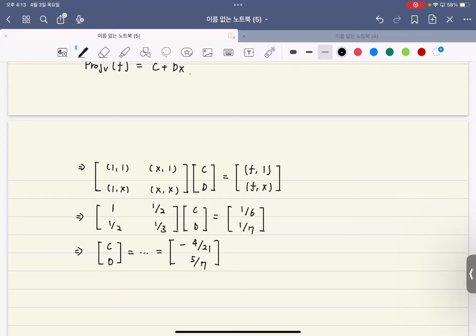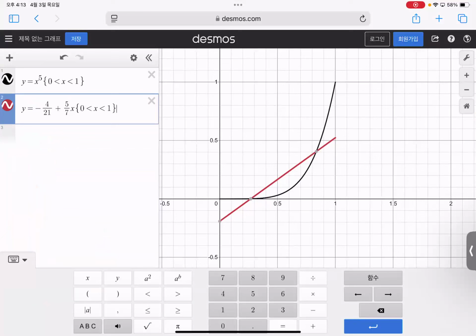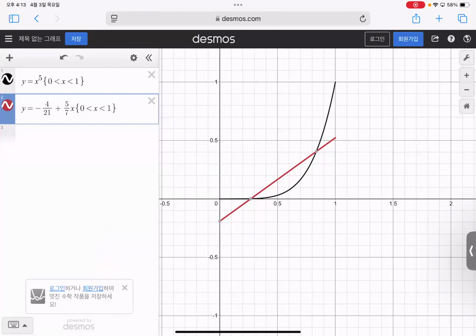Okay. All right. Maybe this is the right time to use the graphing calculator. Oh, okay. So good. So I have drawn the graph of two functions.